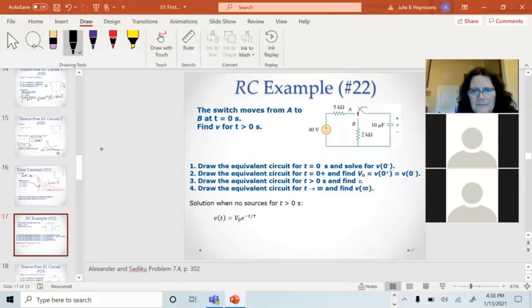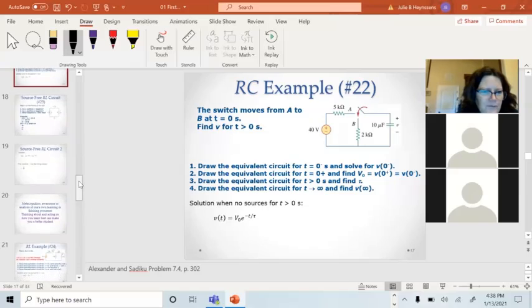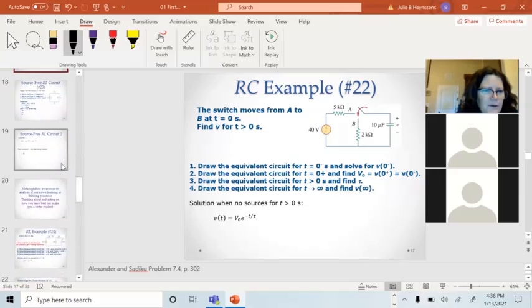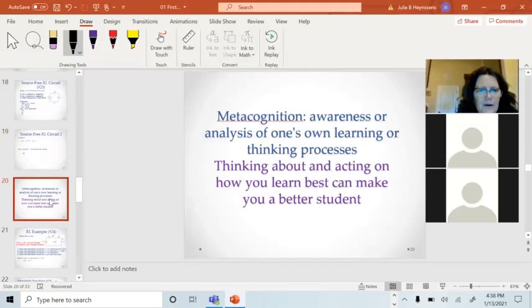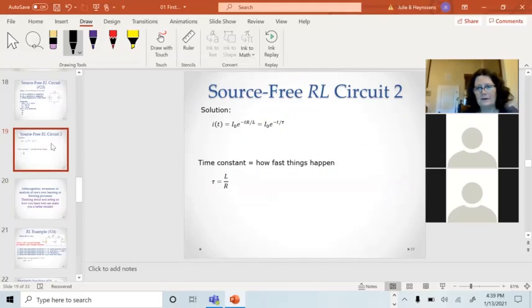And I don't want to do this one because it's not general enough for me. What I want to get to, oh, here's another important thing. For inductive circuits, if I just have an L and an R in the circuit, put a star next to this one.